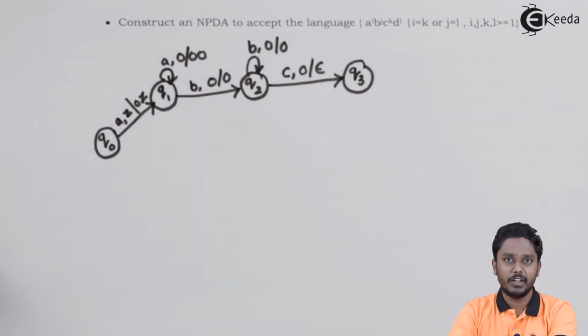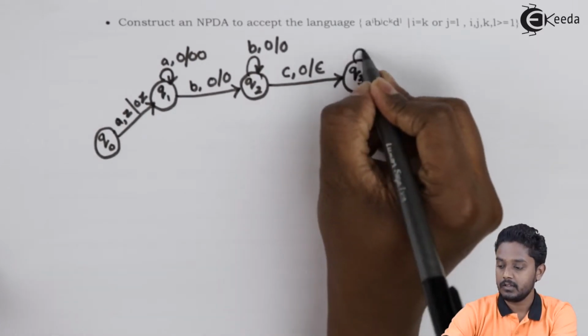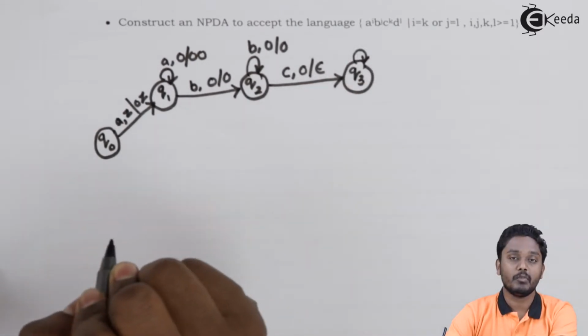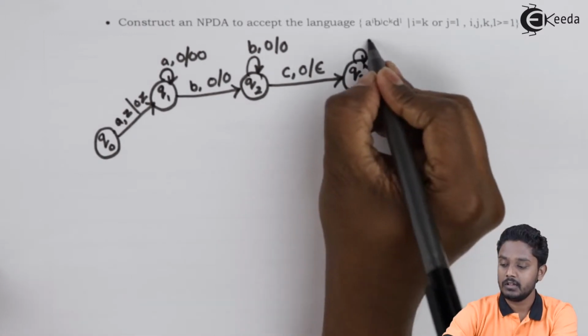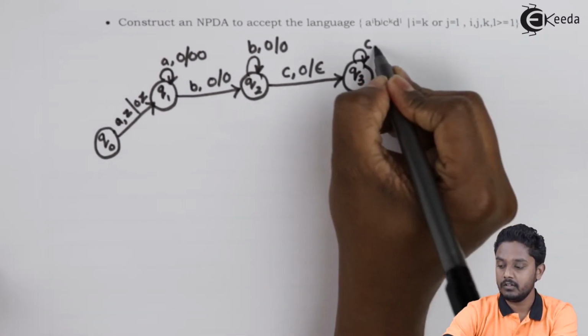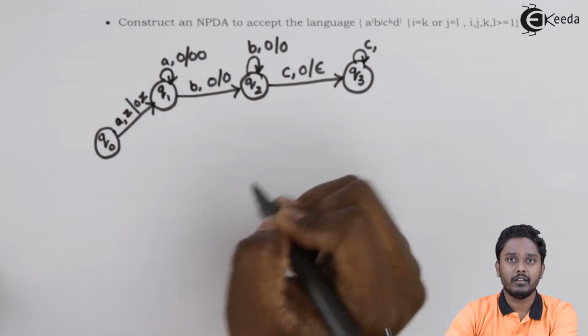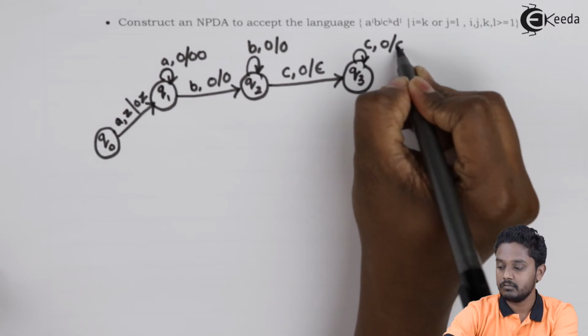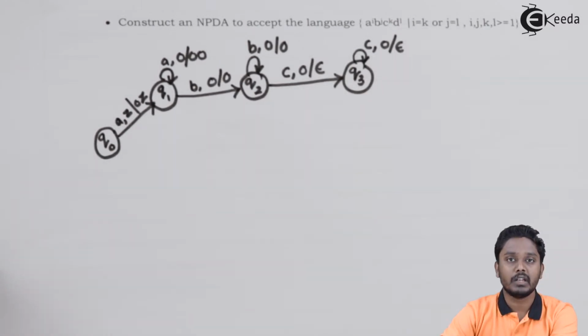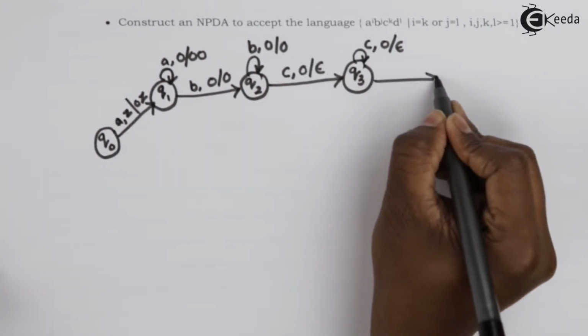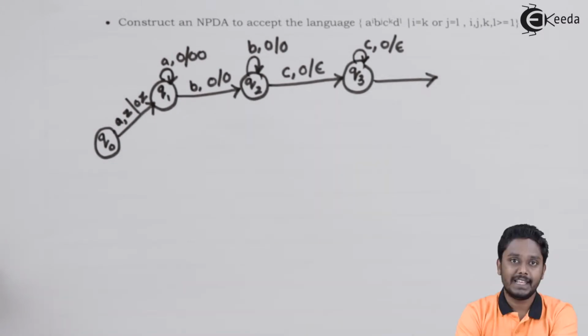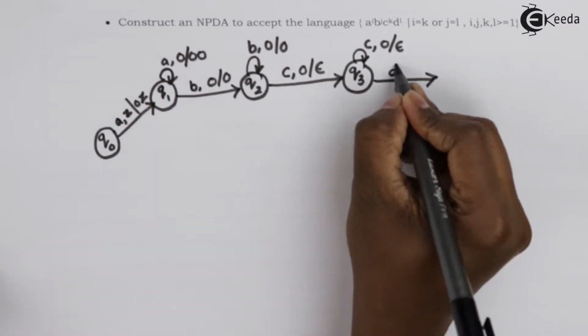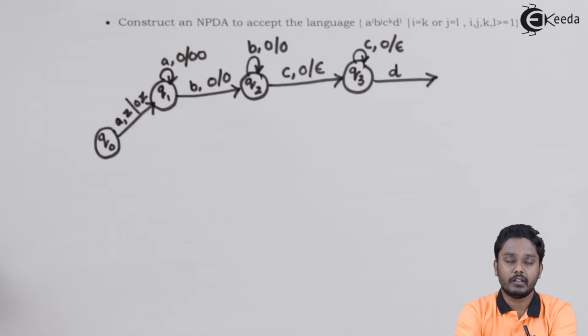Let us say the state is Q3. Writing the pop-off transition: C with 0 as the top of the stack, pop it off. Now we might encounter D's. When D is encountered, the top of the stack must be Z because the number of A's and C's are same.